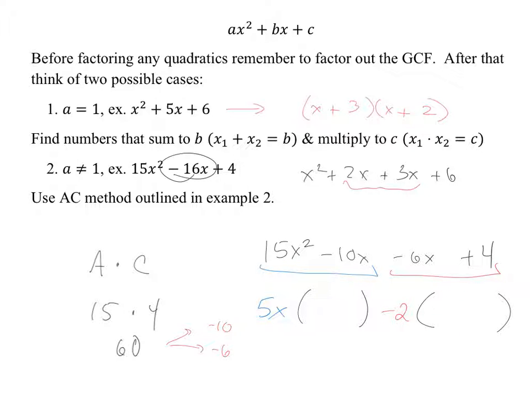Yeah, so what's left over? Go ahead, tell me, Hannah. 3x minus 2. So Hannah took out the 5x. And remember, please, if you forget how to do this, take what you've got right here in your mind, divide it by the GCF. 15x squared divided by 5x is 3x.